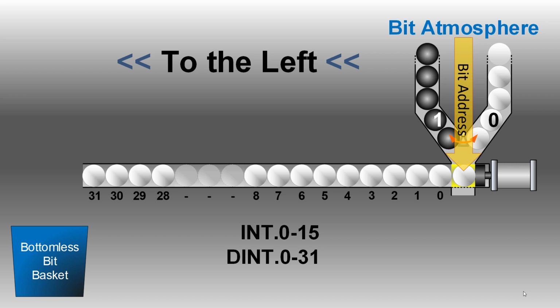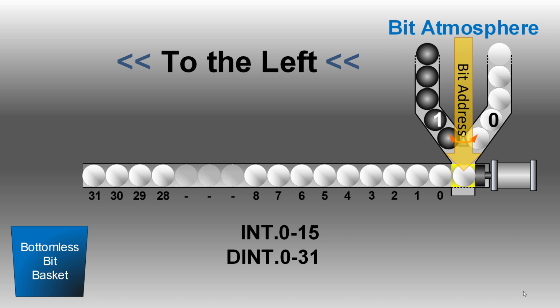And of course, we know that if you push that white ping pong ball out of the bit address into position 0, it's going to move 0 to 1, 1 to 2, 2 to 3, 3 to 4, and so on down the line. And theoretically, there'll be no delay in motion. They'll all shift together.